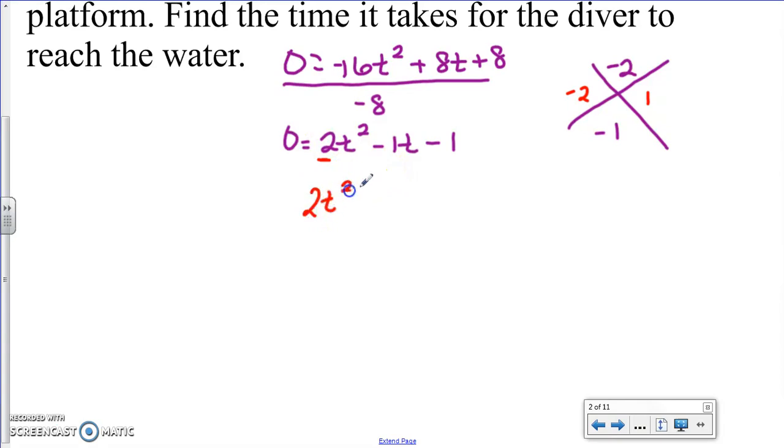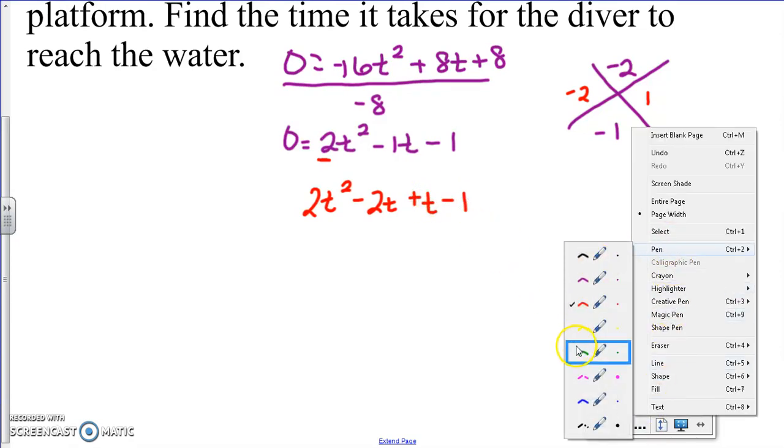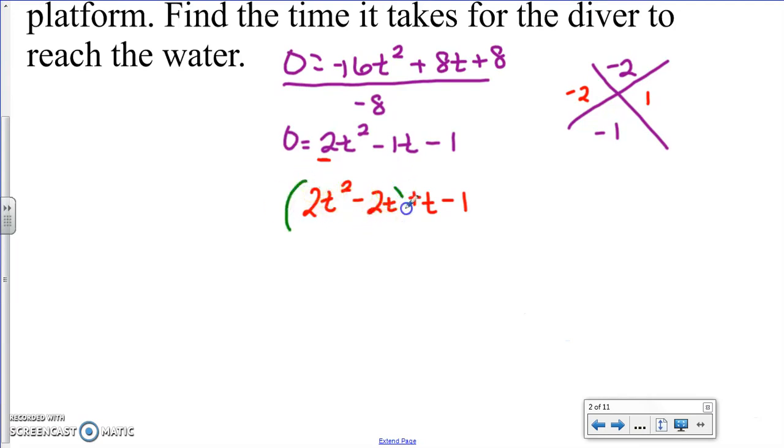So we have 2t squared minus 2t plus 1t minus 1. We're going to make two groups and factor this. So in my first group, I can take out a 2t, so I'm left with t minus 1. In my second group, I actually can't take anything out, so I'm just going to put a 1 there.